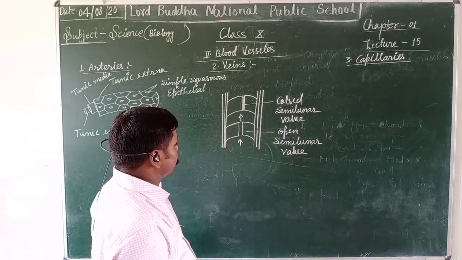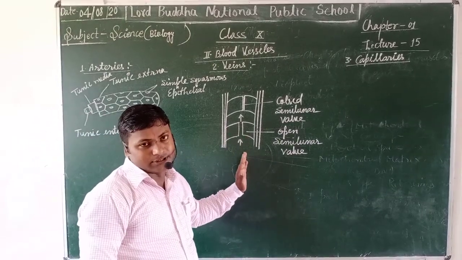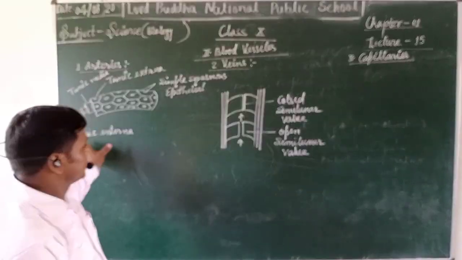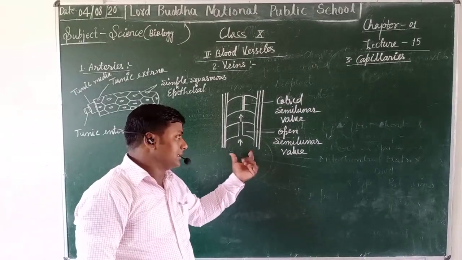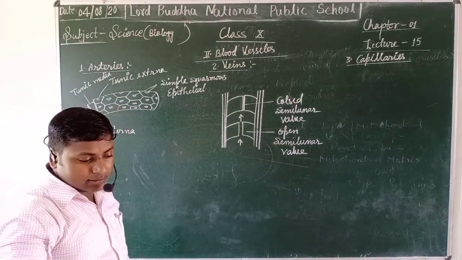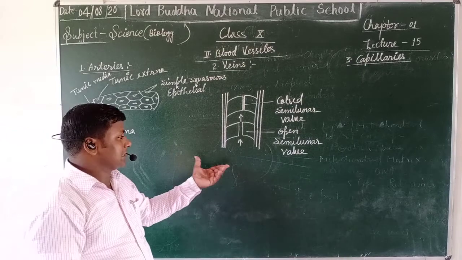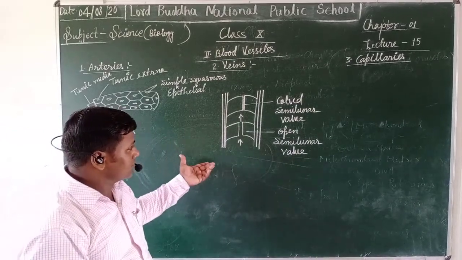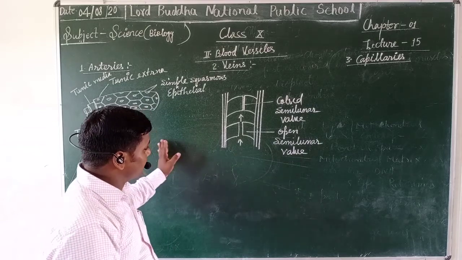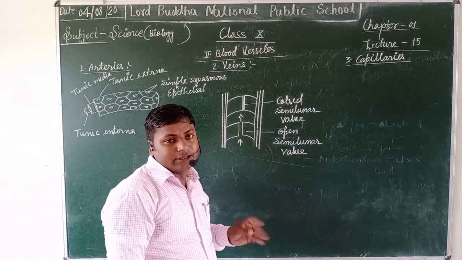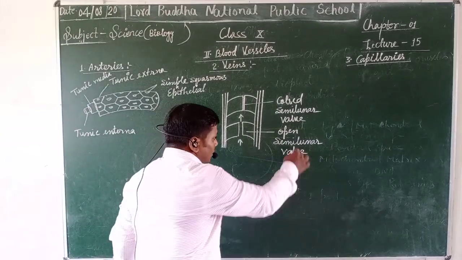The peculiar difference between the artery and the vein is the presence of semilunar valves. In arteries no valves are present, but in veins semilunar valves are present that help in regulating the pressure of blood inside the veins. Veins are comparatively thin-walled than arteries, and they always carry deoxygenated blood from all parts of the body to our heart.